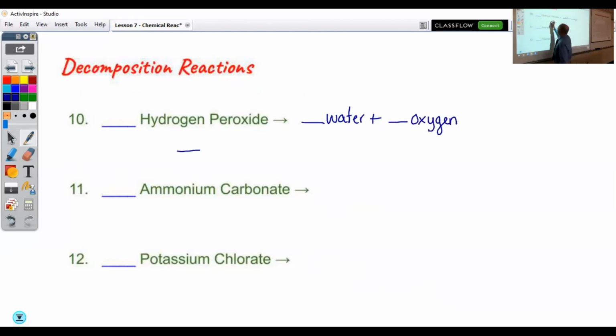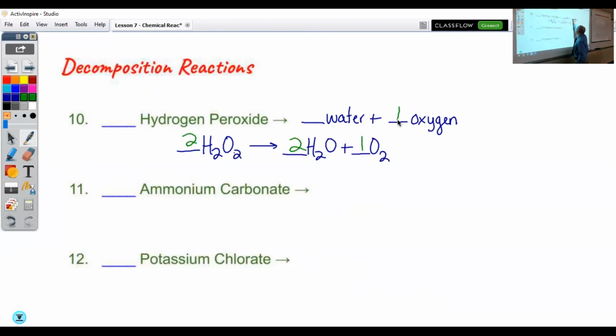So in our formulas here, we're going to have H2O2 breaks down into H2O plus O2. And then finally balancing this, we have 2, 2, 1. Just add those up here.